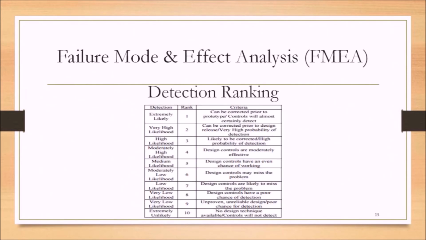Detection ranking uses a scale of 1 to 10 as well. However, the higher the detection of a failure mode, the lower its assigned number. For example, a rating of 1 indicates a detection of extremely likely, whereas 10 indicates a detection of very unlikely.